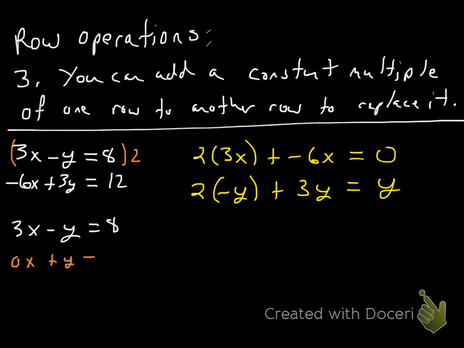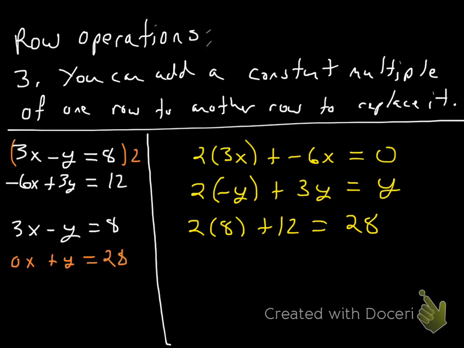Then I'm going to take 2 and multiply it by 8, and add that to the 12, and that's going to give me 28, if I do the addition correctly. And that's all we're doing with solving a system of equations. Now we would say y is equal to 28, and then I could go back and substitute it in for y and solve for x. So this equation wasn't changed, it was the second equation that was changed.